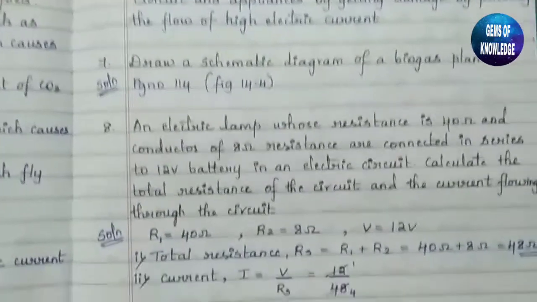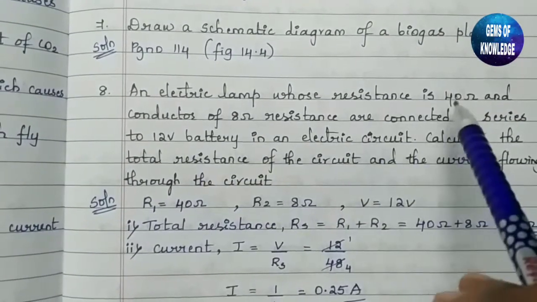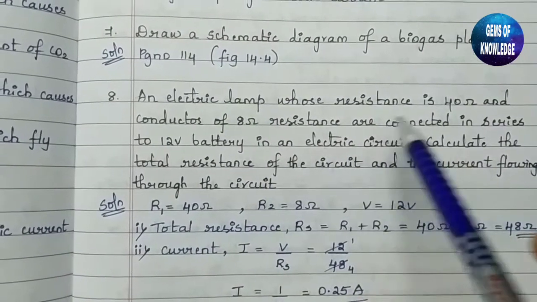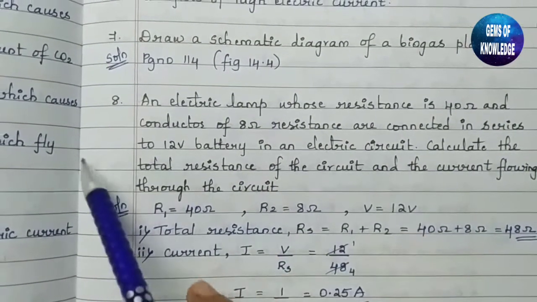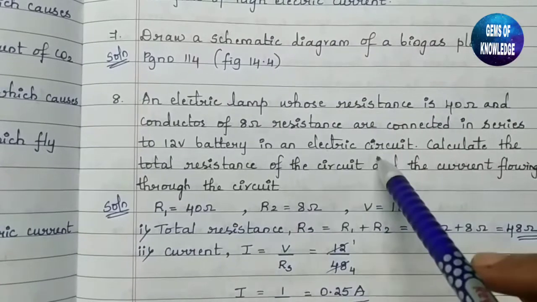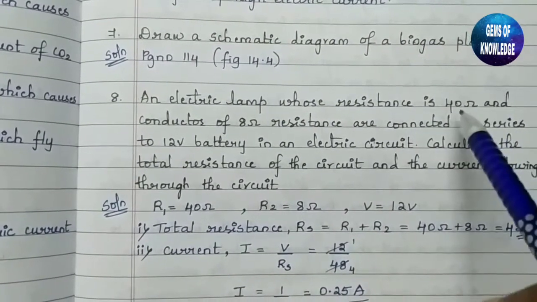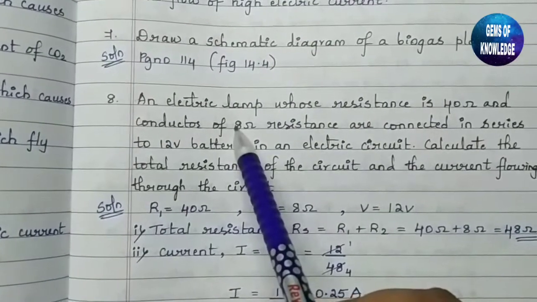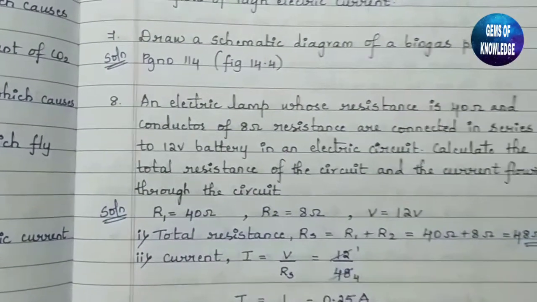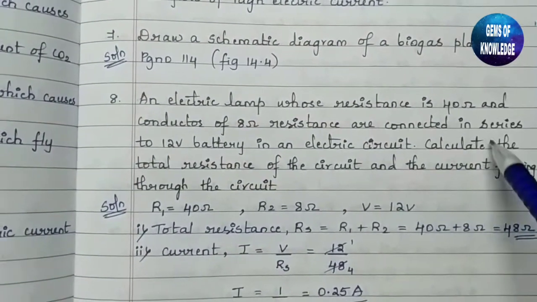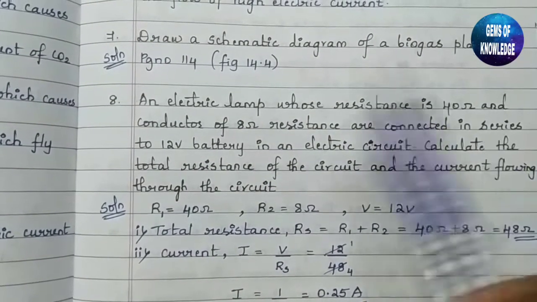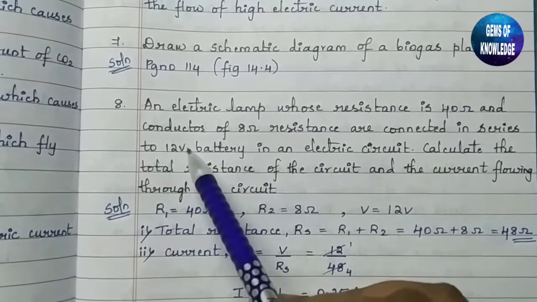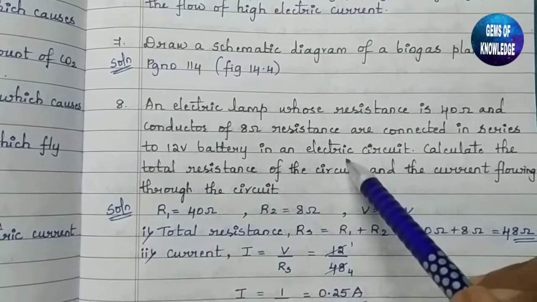Then, an electric lamp whose resistance is 40 ohms and a conductor of 8 ohm resistance are connected in series to a 12-volt battery in an electric circuit. You can see two resistances are given, 40 ohm and 8 ohm, and it is also instructed that they are connected in series. And a voltage source is given, that is a 12-volt battery connected to that circuit.